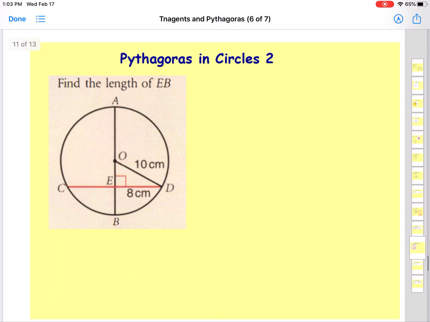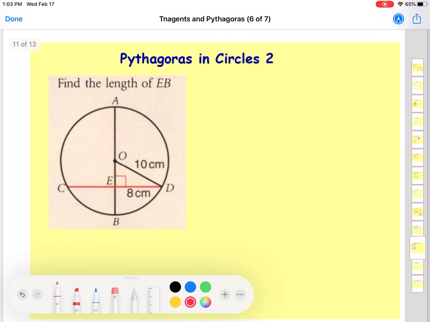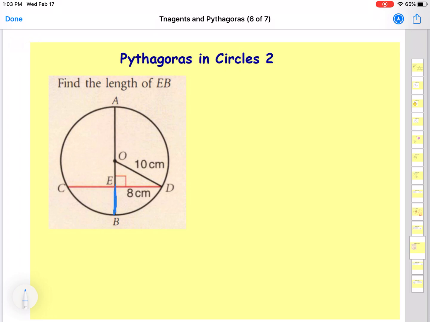So, this question here, we are asked to find the length of EB. Now, EB is that line here. In this particular question, we are not given a right angled triangle that contains the length EB.